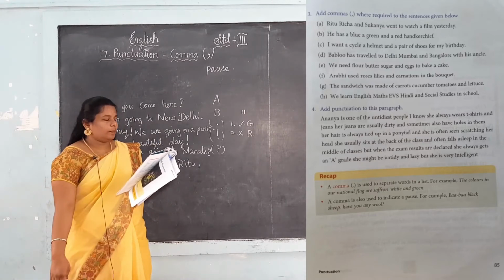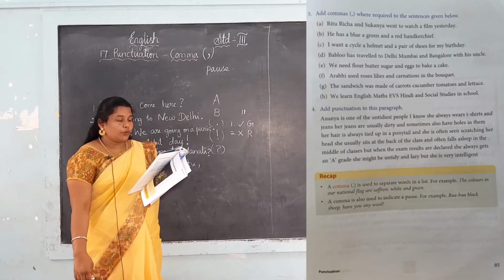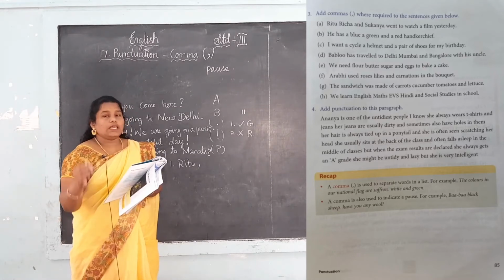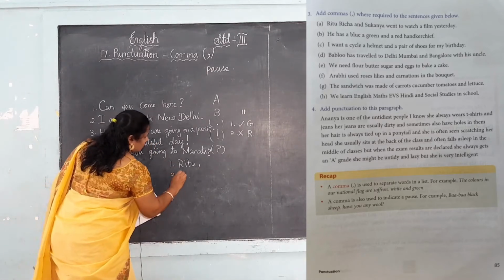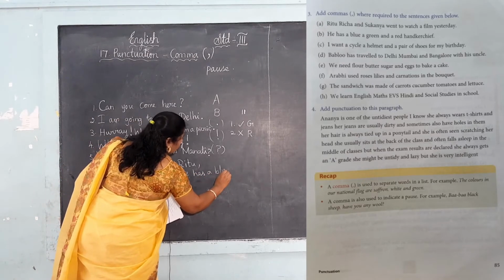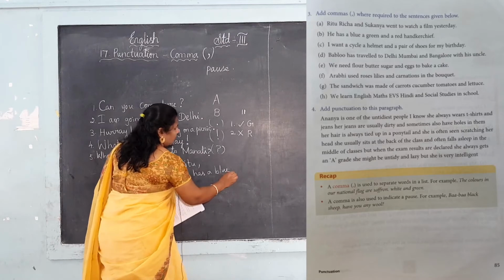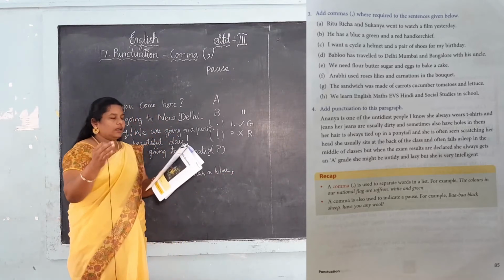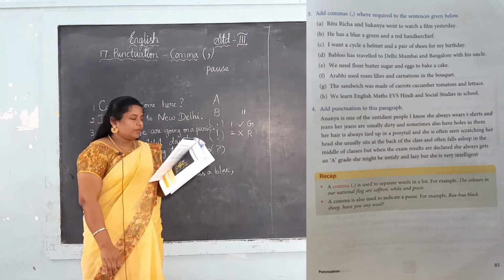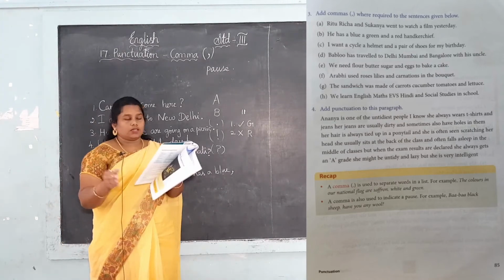Next, second one: He has a blue, a green and a red handkerchief. See, he has a blue. Then we want to put comma. After that a green, after that and is there, so that is no problem. Okay. Yes. So, the remaining is your homework.